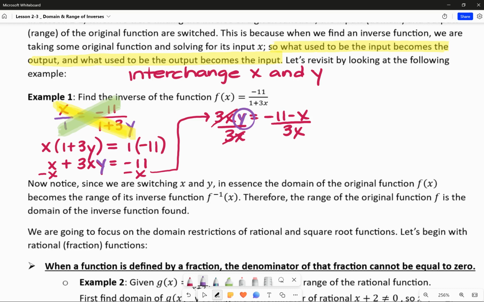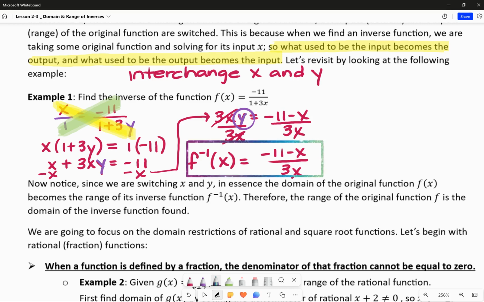Once the y is isolated, I have found the inverse function of the given function, and the given function was f of x. So I'm going to put f inverse of x because I found it, and it's negative 11 minus x over 3x. And that is the final answer. So that's a bit of a review from 2-2.